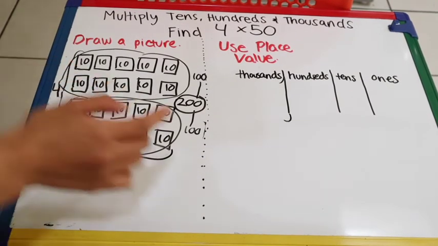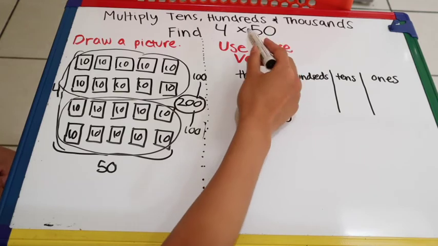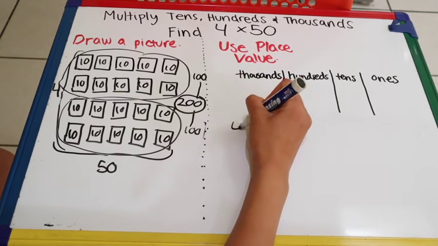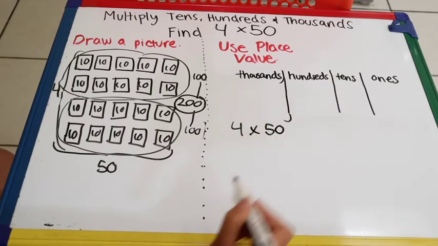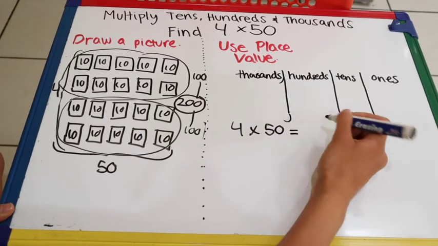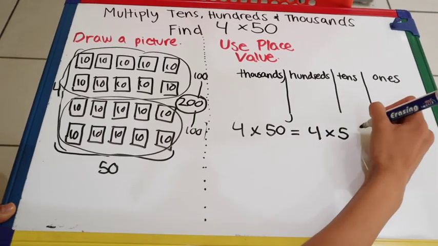Now I'm going to be showing you how to use place value. We're going to do the same thing as the last example and write 4 times 50 is the same as or equal to 4 times 5 groups of 10s.